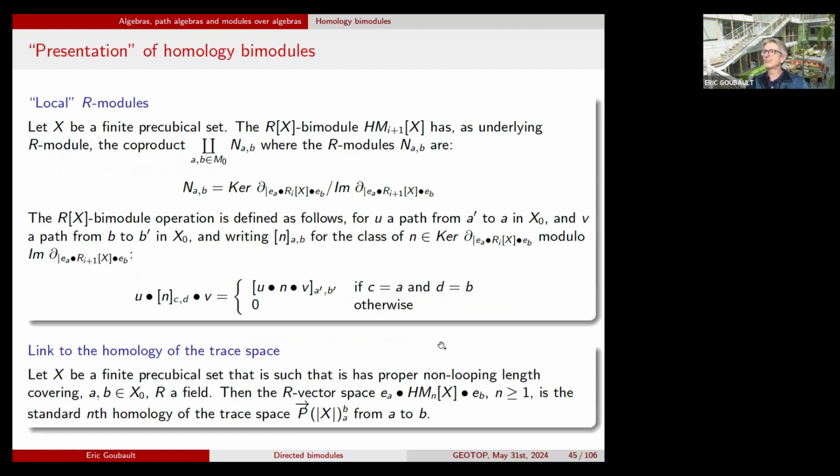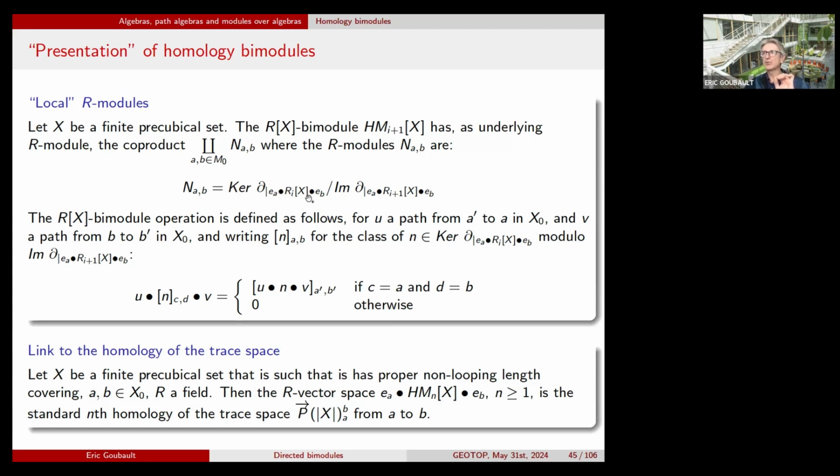And what you should understand is that the structure of these homology modules is very simple. If you localize these homology modules by taking the action of idempotents on two points A and B, so EA is a constant path on A, EB is a constant path on B, and you take the action of this on any module of I-cube chains, it will just keep the I-cube chains that go from A to B, right?